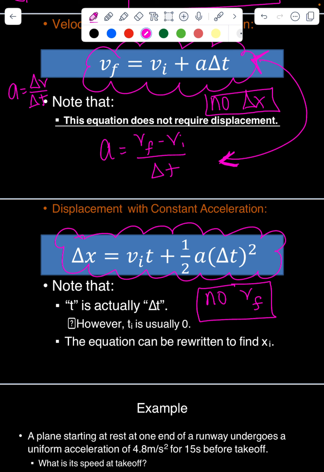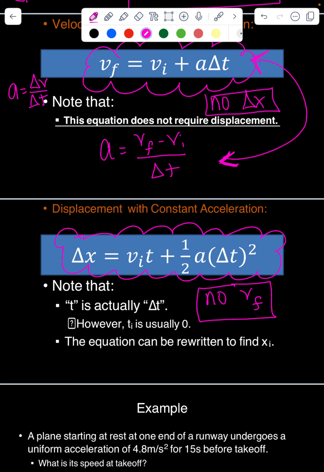Now, if we look at all of our equations, if we have the 4 variables in any given equation, we can rearrange any of those 4 equations to get whatever variable we are looking for. But if you are looking at this equation in particular, not only can you not use it to solve for v final because v final is not present in the equation, I would highly suggest not using this equation to solve for time.